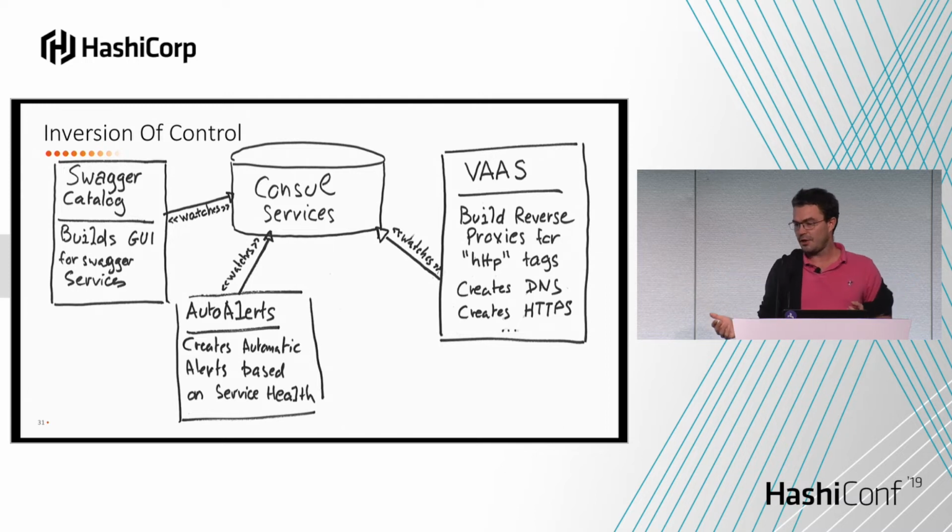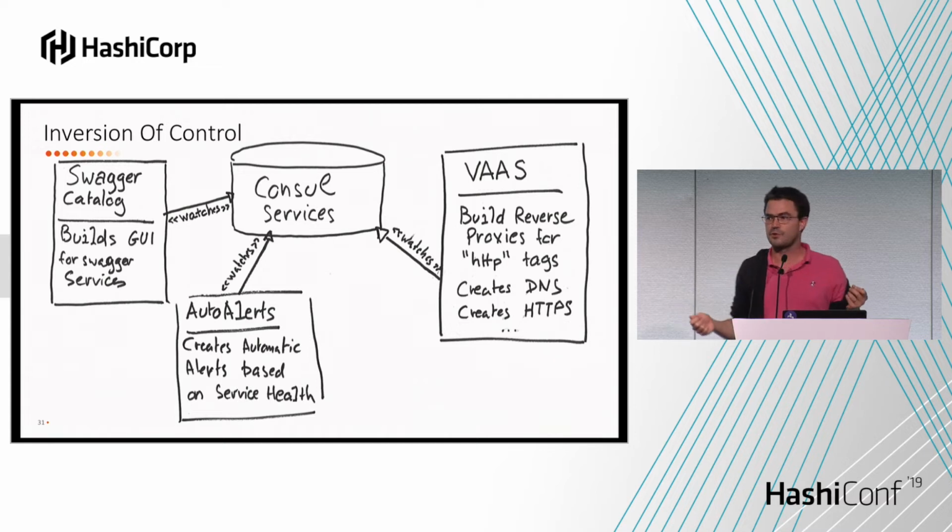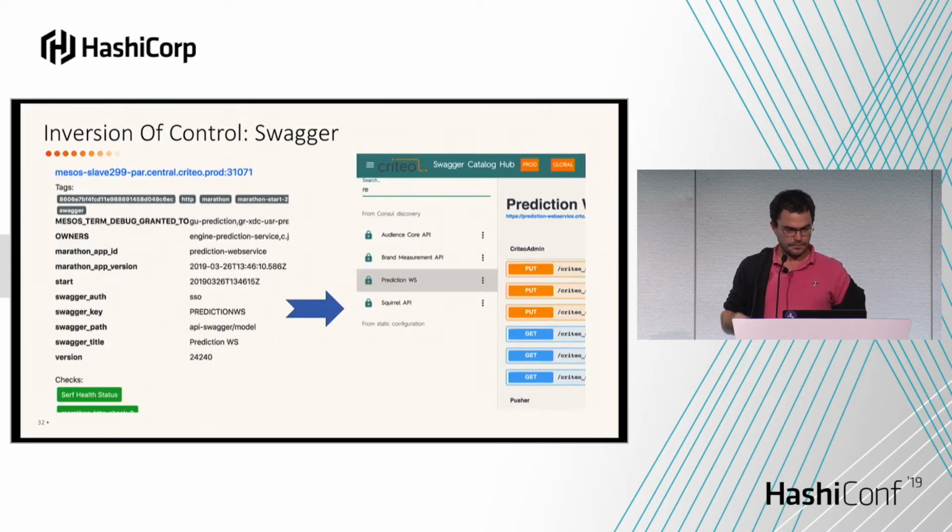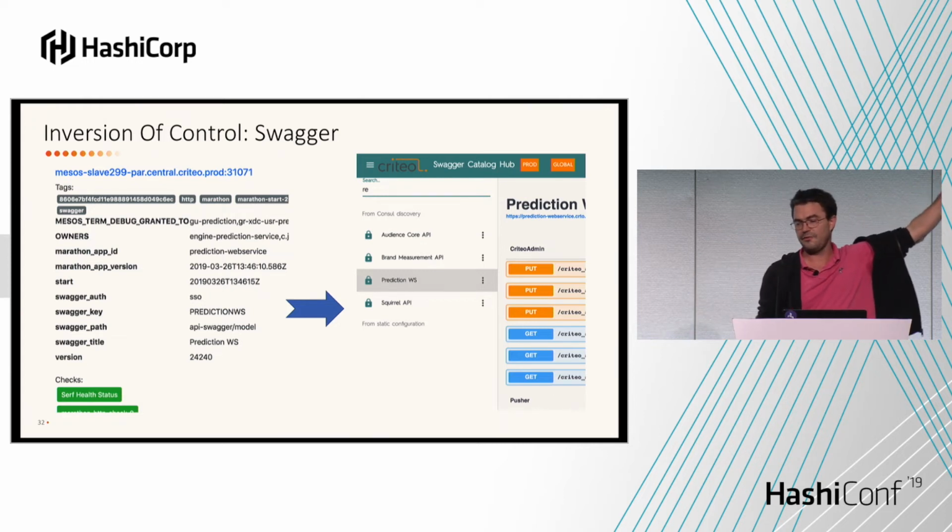We've got a Swagger catalog. You might know Swagger. Swagger is a popular way of explaining how you can call a JSON REST API. So we've got an application, the Swagger catalog app, which is on the right. This application basically lists all the services of all of our data centers and finds those tagged with Swagger. If you look carefully, you will see that a few of the keys here start with swagger something.